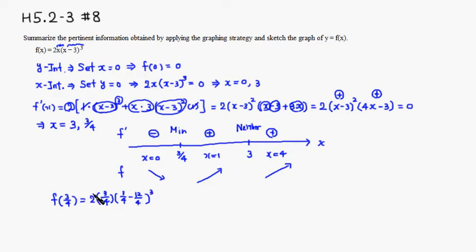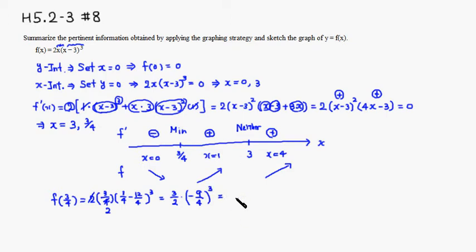So you're going to have 2, and the 4 cancels out, so this is going to be 3/2 times, this is going to be definitely negative. So 3 minus 12 is negative 9 over 4. Oh sorry, you have to cube that.